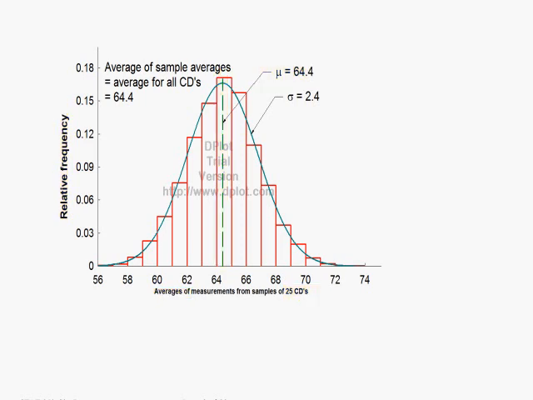Okay, there's another result. See the standard deviation here? Actually, this is not really called a sample, it's called a distribution now. But the standard deviation for the distribution, which is also called the standard error sometimes, that's sigma.